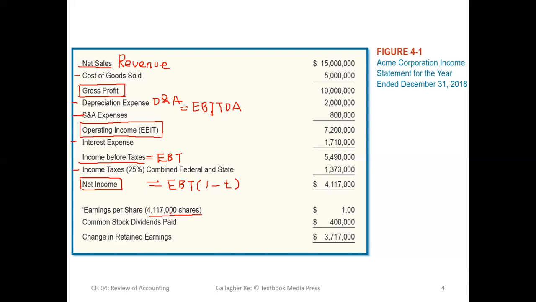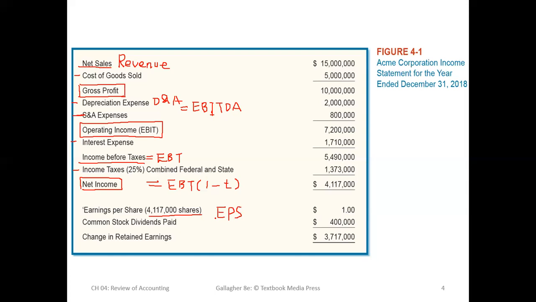This is the total number of shares outstanding, and your net income divided by this gives the earnings per share. So the earnings per share is your net income divided by the total number of shares outstanding.